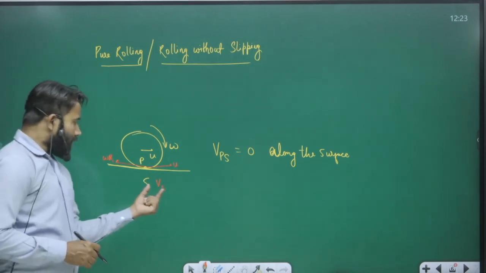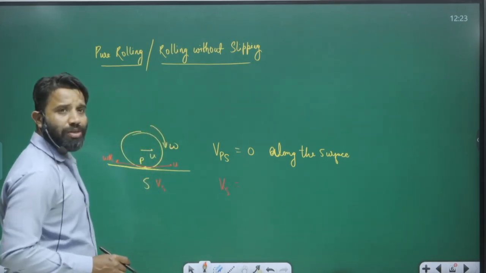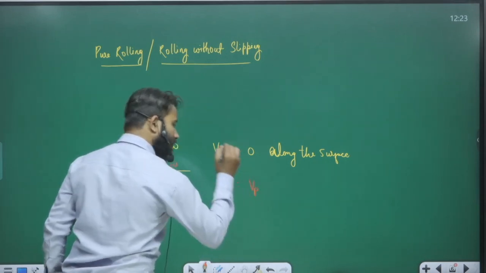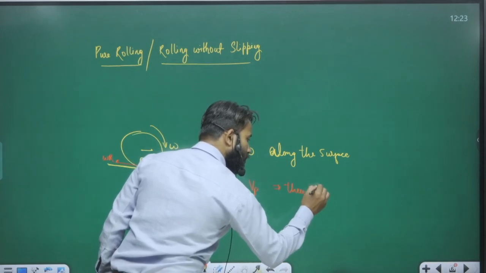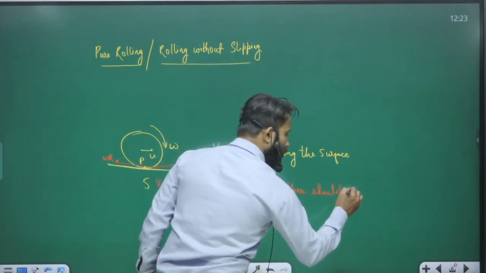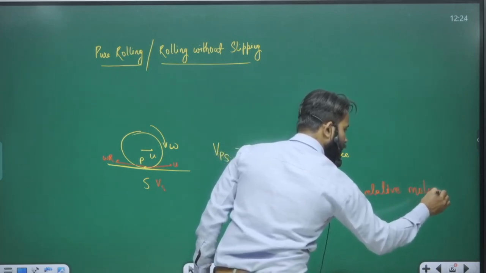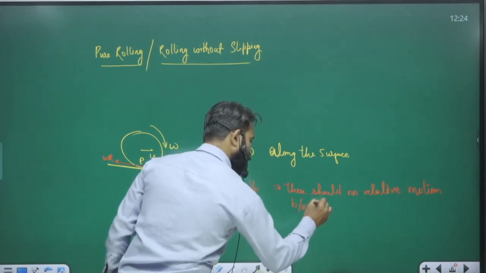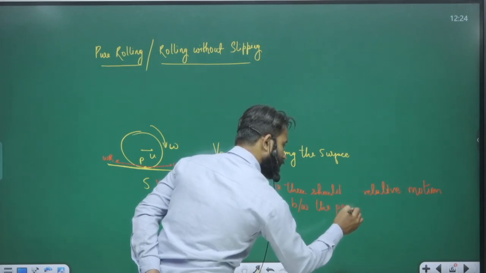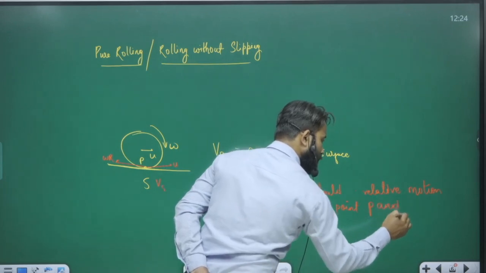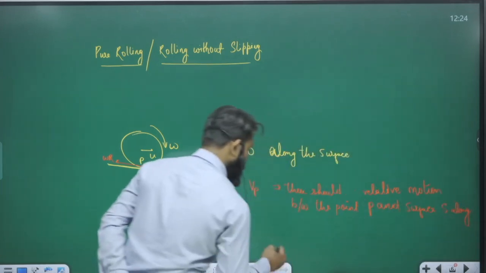Got my point? If this surface has some velocity Vs, in that case the velocity of the surface Vs must be equal to the velocity of point P. That implies that there should be no relative motion between the point P and the surface S along the surface.